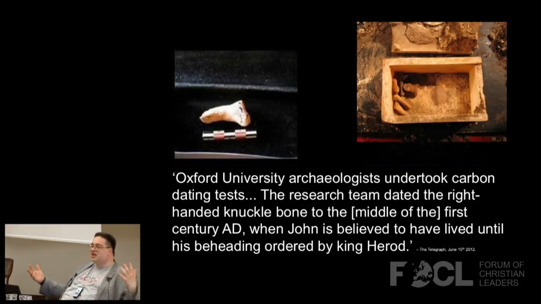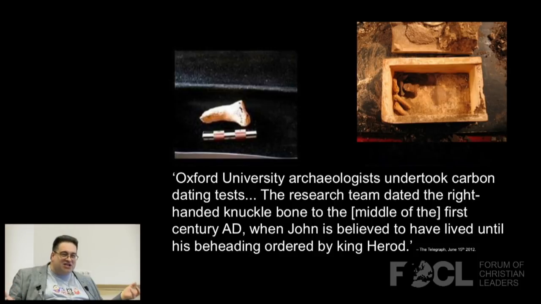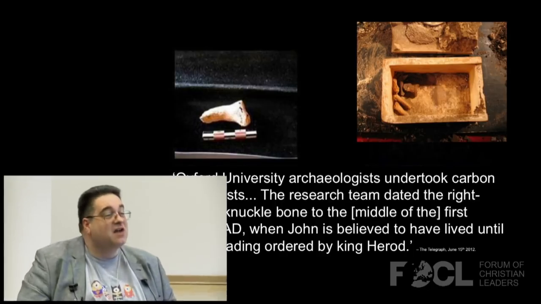You know, are they just a collection of bones from the Middle Ages or whatever? Well, the research team dated the right-hand knuckle bone to the middle of the 1st century AD, which is smack on the mark, when John's believed to have lived until he was beheaded on the orders of King Herod. So there's some plausibility to that.